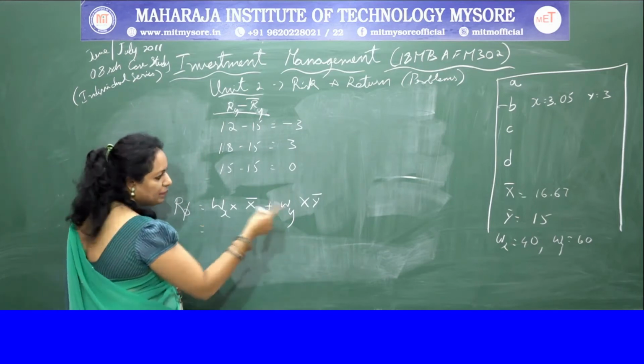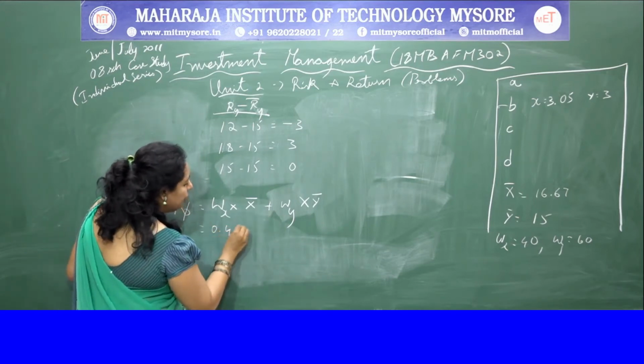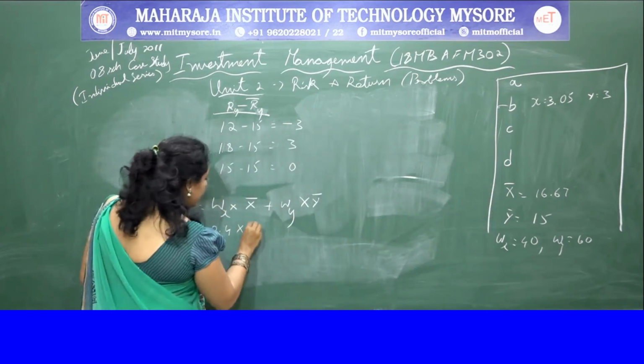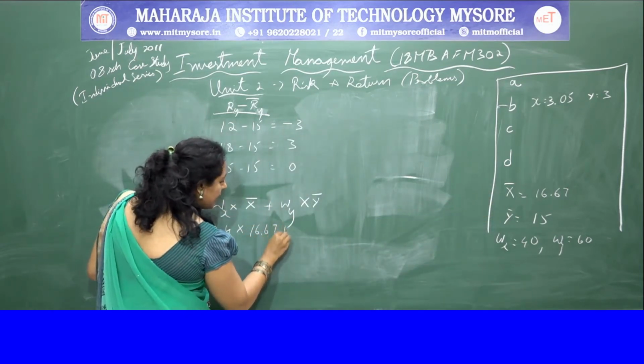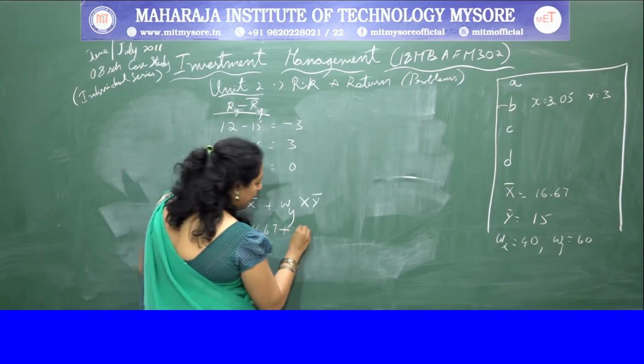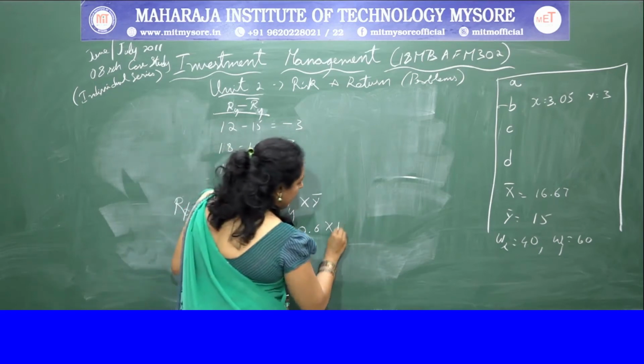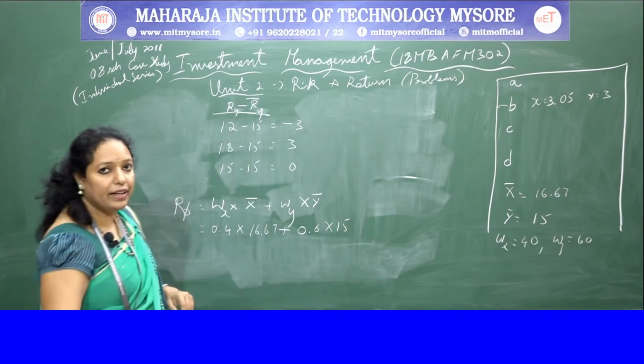Weights will be given in the problem itself. So 0.4 into x bar, which is 16.67, plus weight y, that is 0.6, into y bar, which we know is 15.